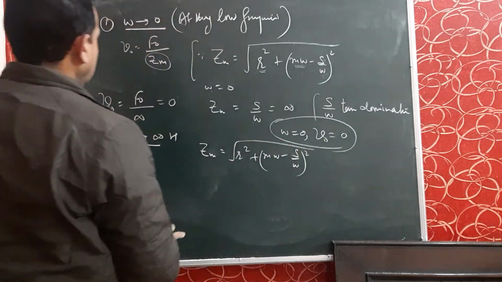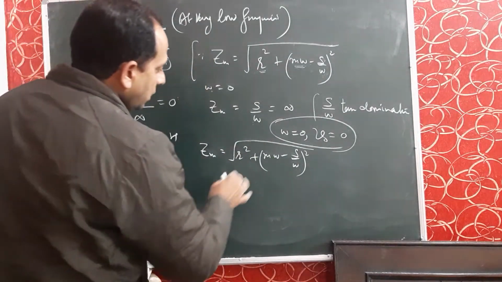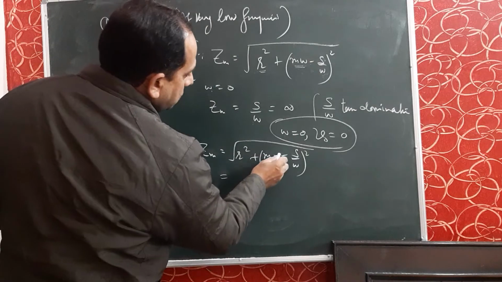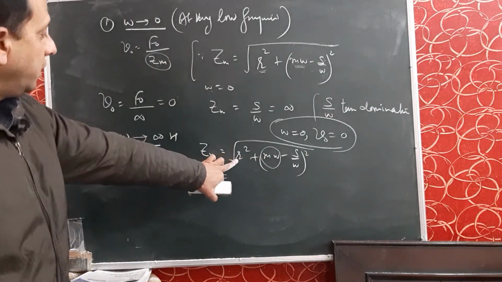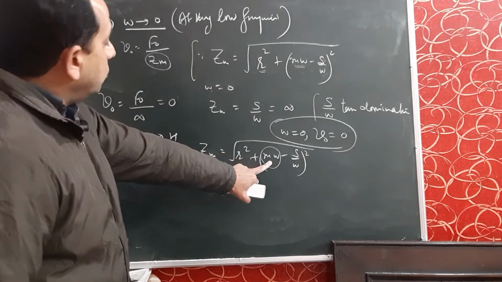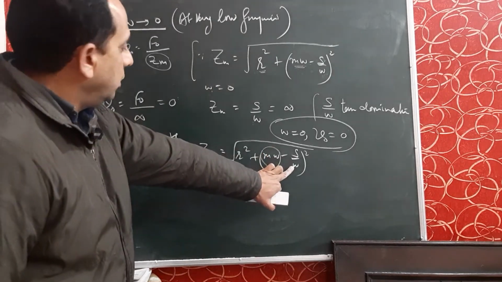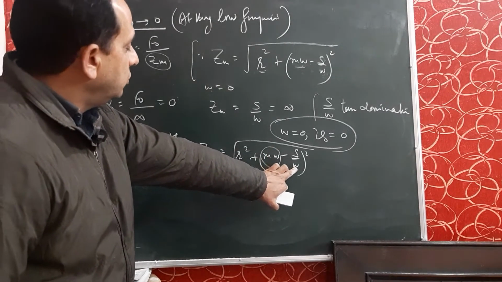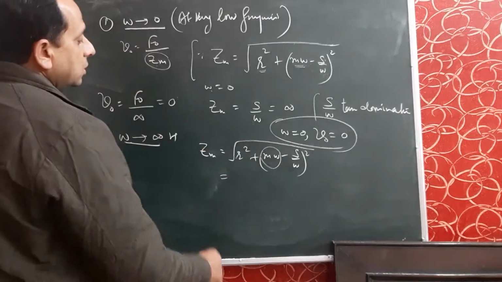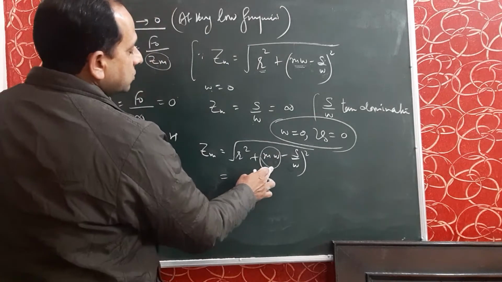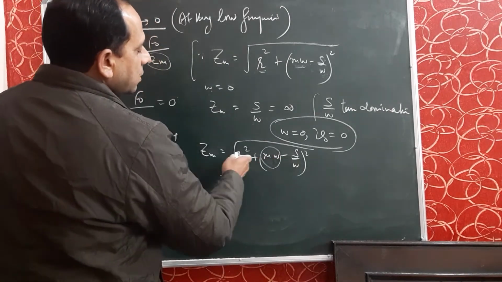When omega is infinity, the m omega term will dominate, because r is finite, m omega is infinite, and s upon infinity becomes 0. So among the three, this value dominates. We consider only m omega and neglect the other terms.